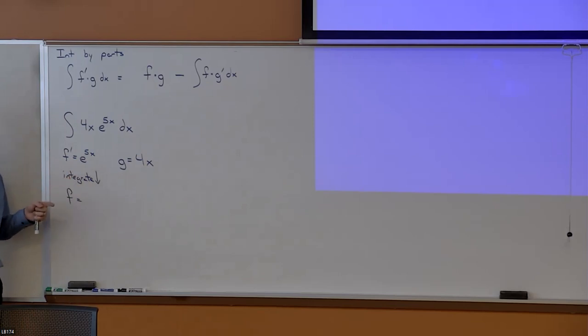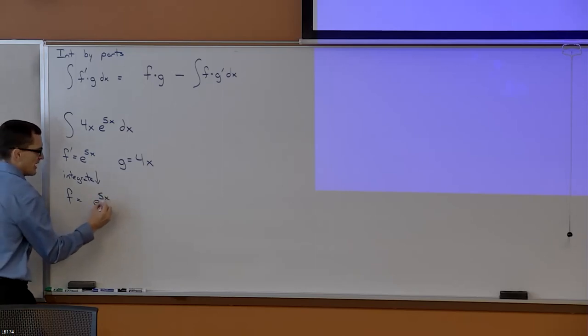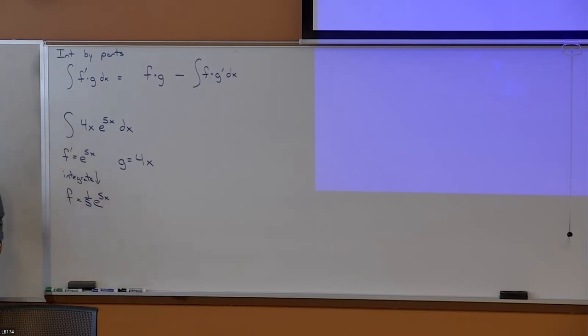When I find the antiderivative of that, remember that was e to the 5x, and then we divide by 5. You guys remember that from chapter 5? That was one of our things from chapter 5. If you don't remember that, you can, off to the side, just integrate e to the 5x.